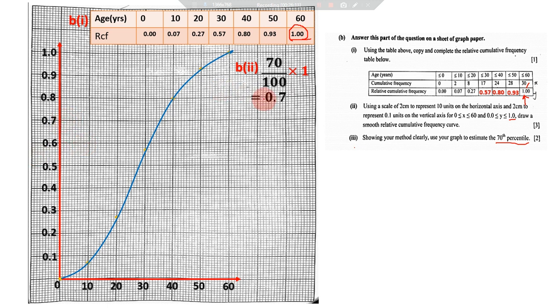We'll find 0.7. So this is where 0.7 is on my y values. I'm going to draw a dotted line, a straight dotted line to the curve. Okay? Then when I reach the curve, this is my dotted line to the curve. Do not exceed the curve. When you just reach the curve, stop. Then drop down now. Okay?